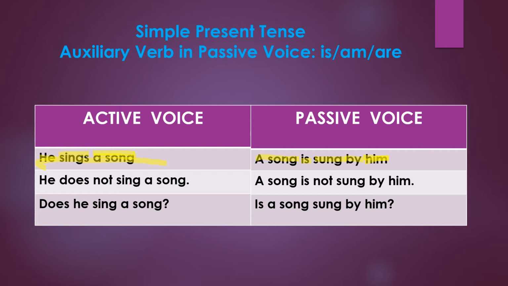Okay, so I just want to write the structure of passive voice once again. That is, the subject, which is the object of active voice. Then we will write the auxiliary verb. Then the third form of verb.